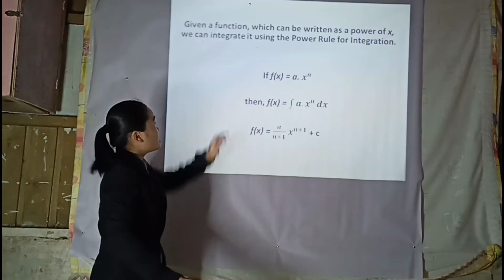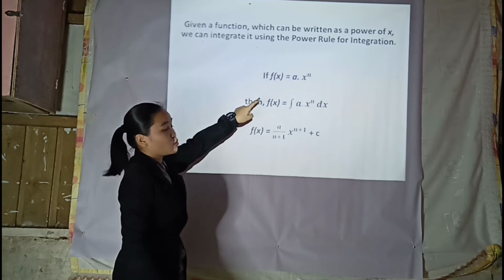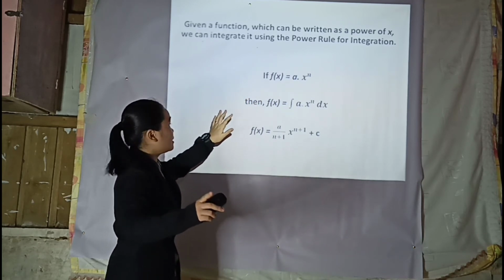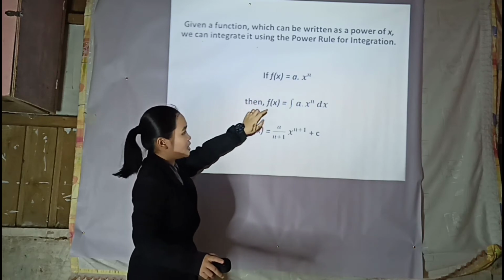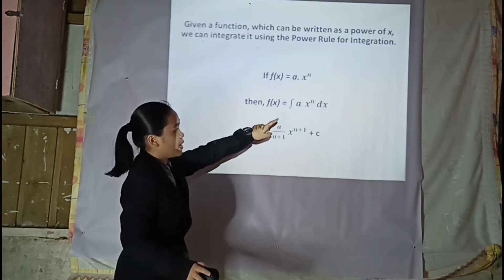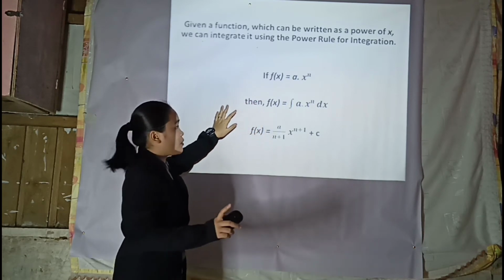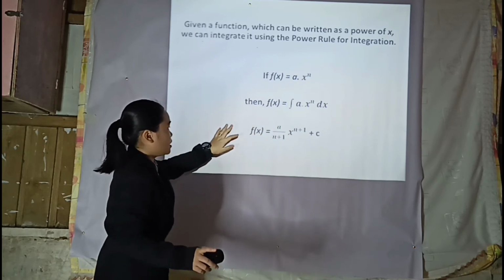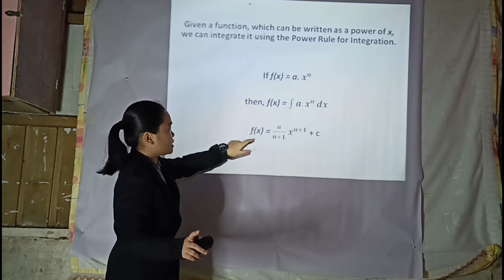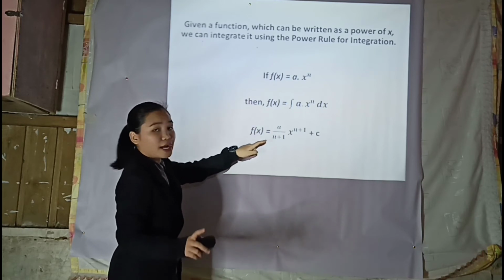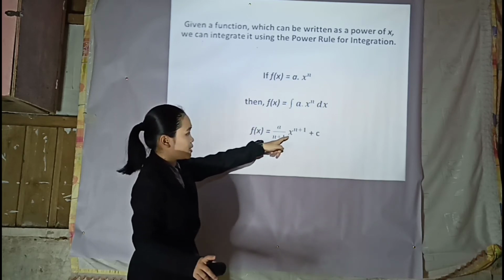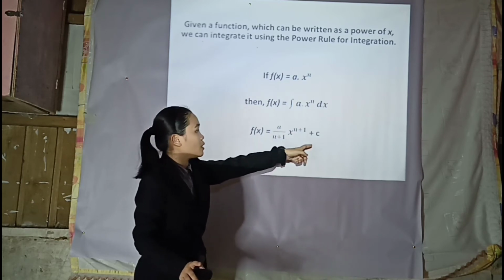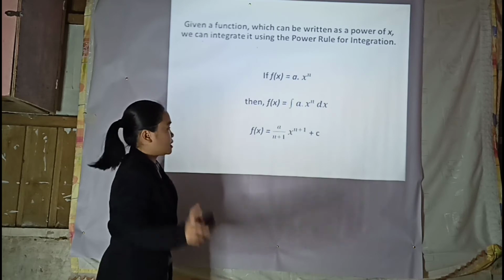So we have, if f of x is equal to a times x raised to the power of n, then we integrate a times x raised to the power of n dx. The formula is a over n plus 1 times x raised to the power of n plus 1 plus c. So, our c here is the constant.